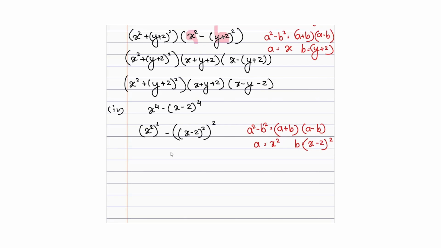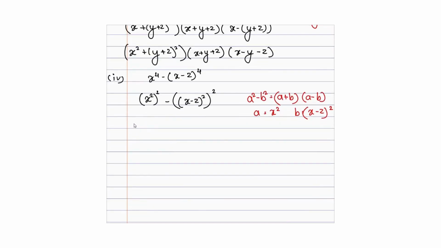So now how will I write it? a plus b, that is x square plus (x minus z) the whole square, and a minus b, that is x square minus (x minus z) the whole square, right? Now this is a plus b and this is a minus b. Now I will write this as it is, (x minus z) the whole square. That will remain the same. We'll solve this in the last step.